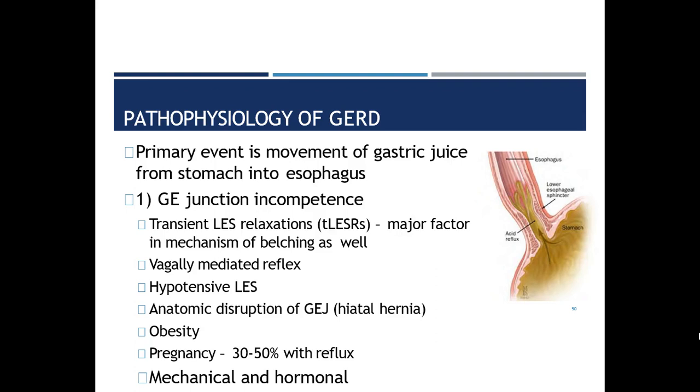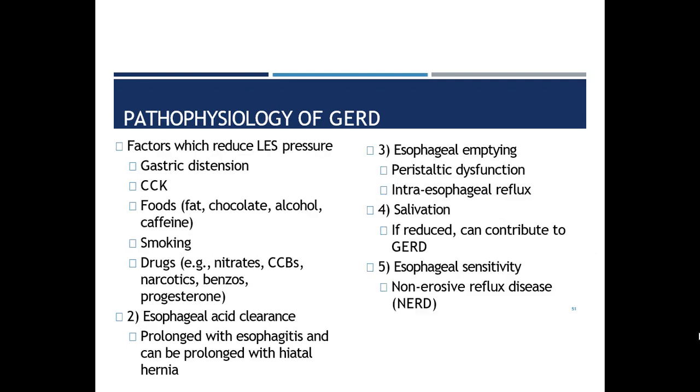So 30 to 50% of pregnancies have reflux, mechanical and hormonal. Now the pathophysiology of GERD: factors which reduce the lower esophageal sphincter pressure are gastric distension, CCK, foods like fat, chocolate, alcohol, caffeine, smoking - smoking is the reason for so many problems - drugs, nitrates, progesterone.